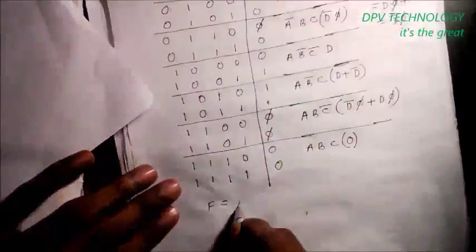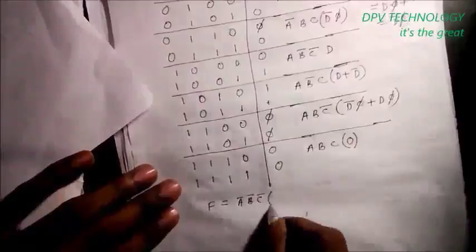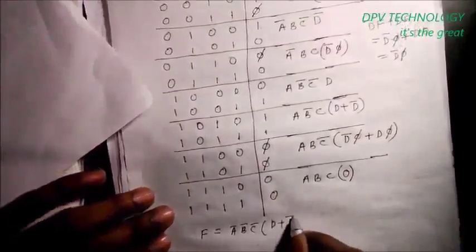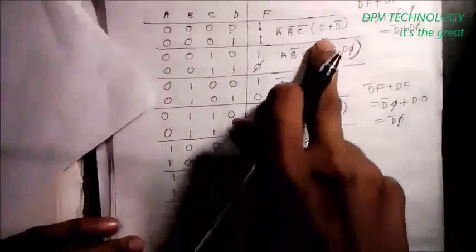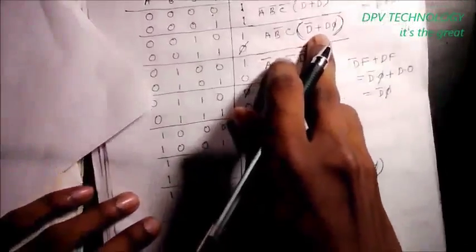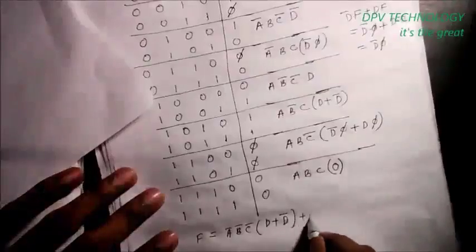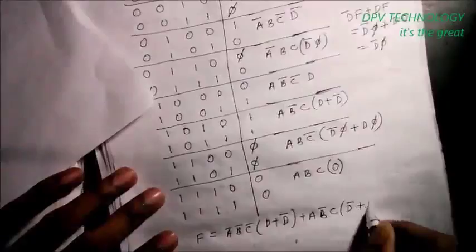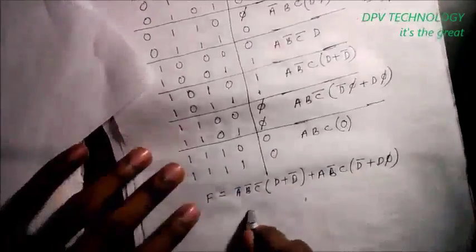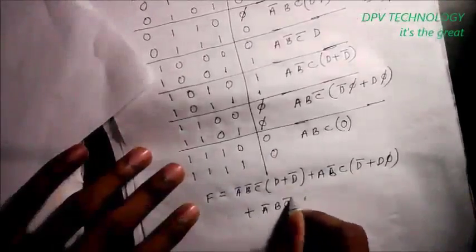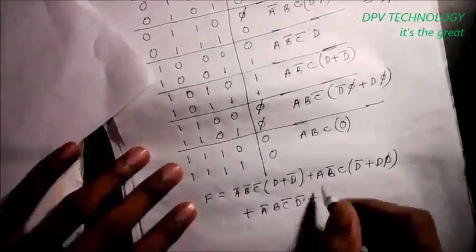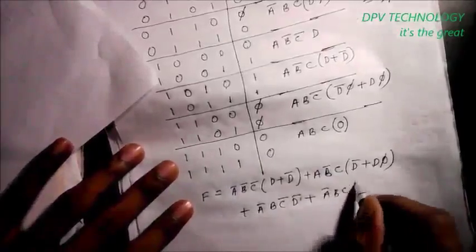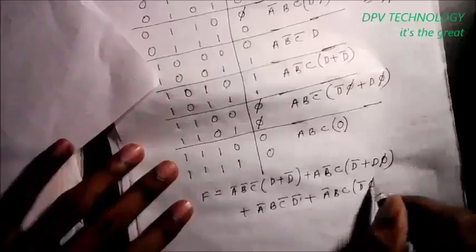Then by rolling this up, we get the function F. It will be like this. This is A bar, B bar, C bar, A bar, B bar, C bar, D or D bar. Here we have A bar, B bar, C bar, D or D bar. Then A, B bar, C, D or D don't care. A, B bar, C, D bar or D don't care, or A bar, B, C bar, D bar, or A bar, B, C, D bar don't care.